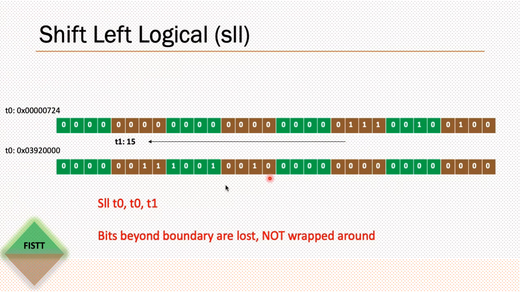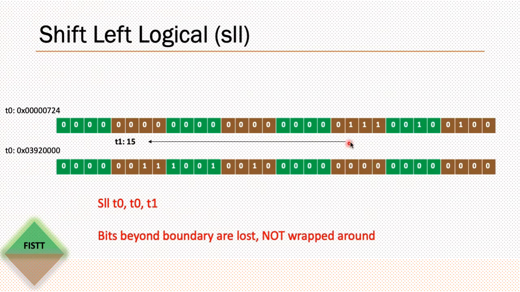Let's say the T1 register has 15 in it. Once you execute this instruction, every bit is shifted to the left by 15 bit positions, and the moment it crosses the boundary, it is discarded or eliminated. The new bits that are introduced on the right are always zero filled.